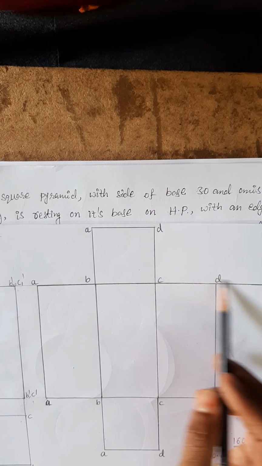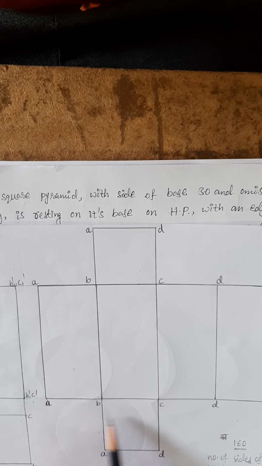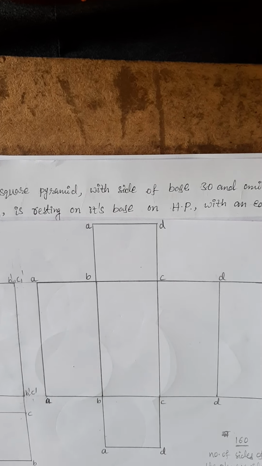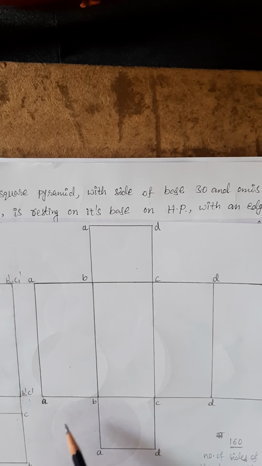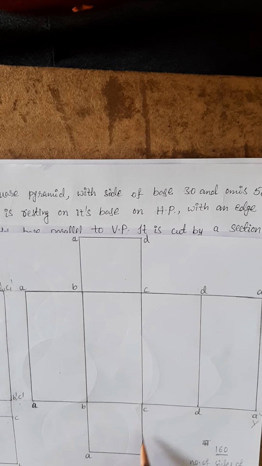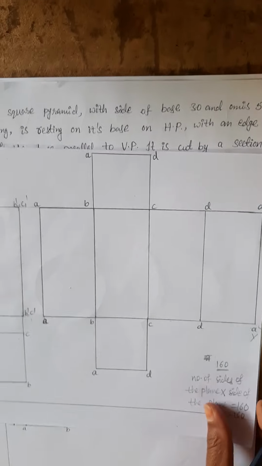Complete the total rectangle, that is points A, B, C, D, and draw equal sides of the line. Next, the top point and bottom base squares are drawn in this diagram.